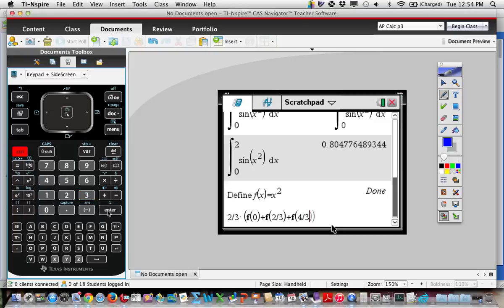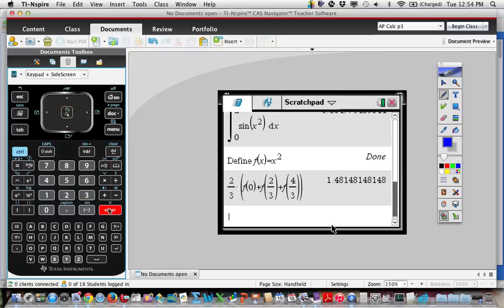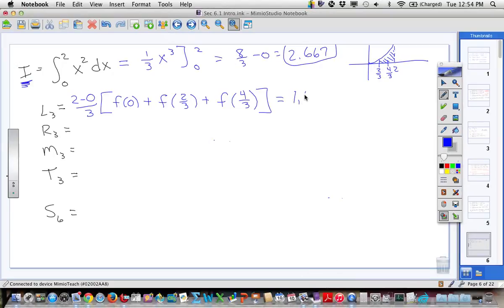And I want a decimal, so I'm going to hit Control Enter. 1.481. Right? 1.481 is what I got. Now, that's way under the exact answer. Why?